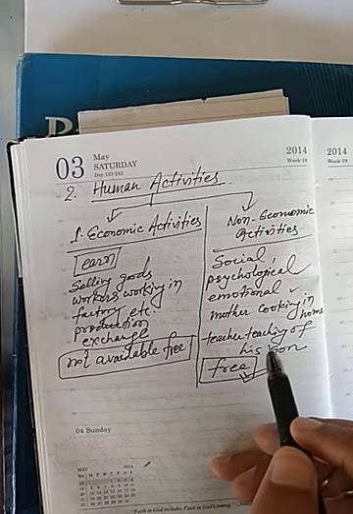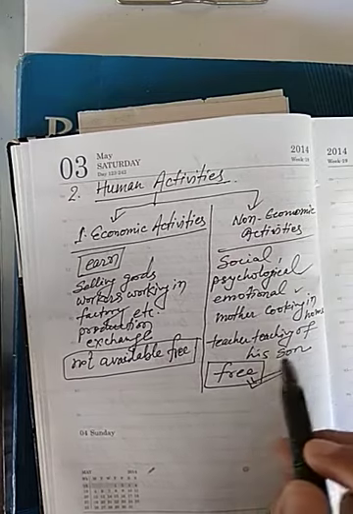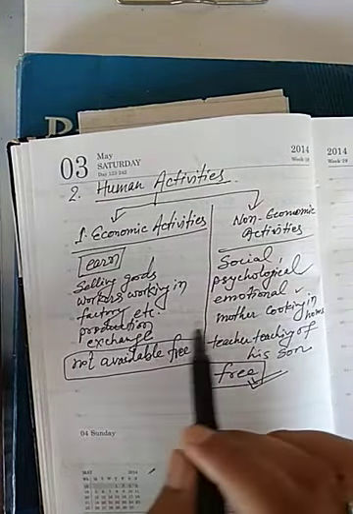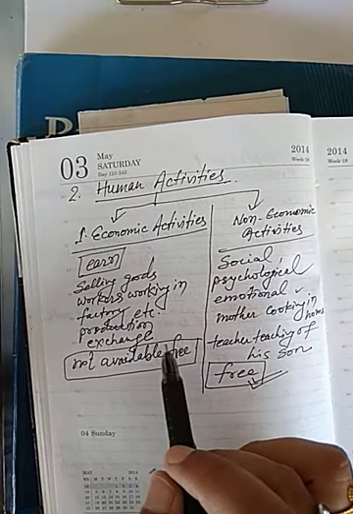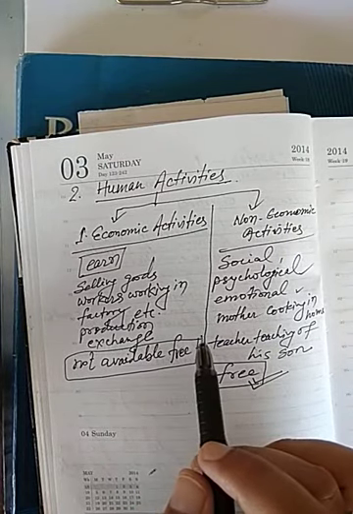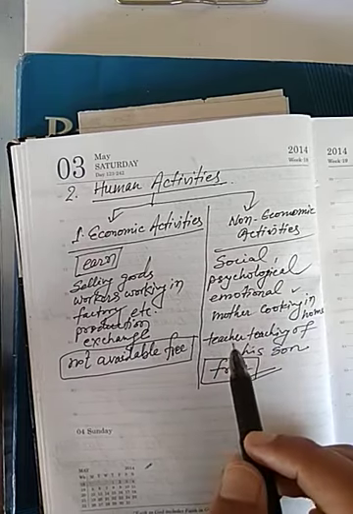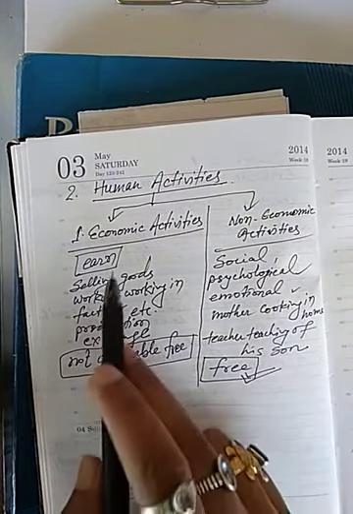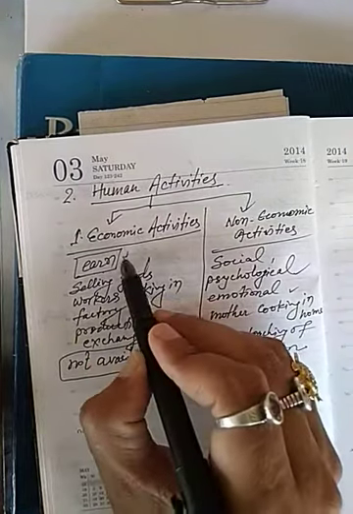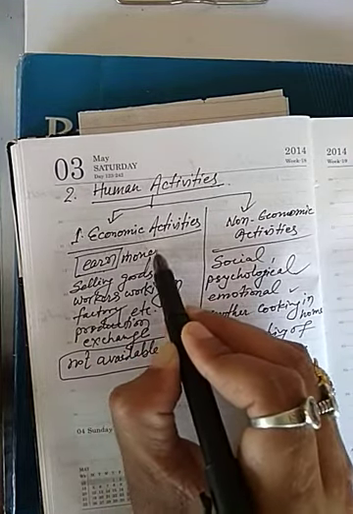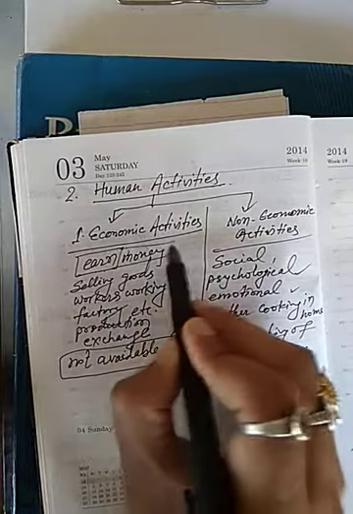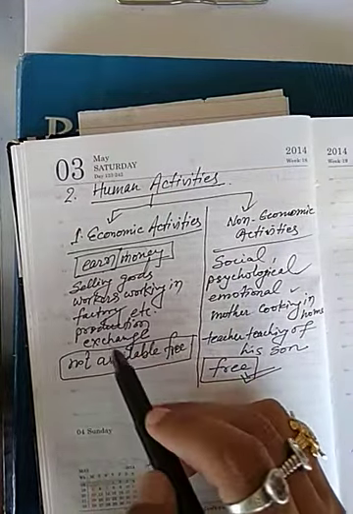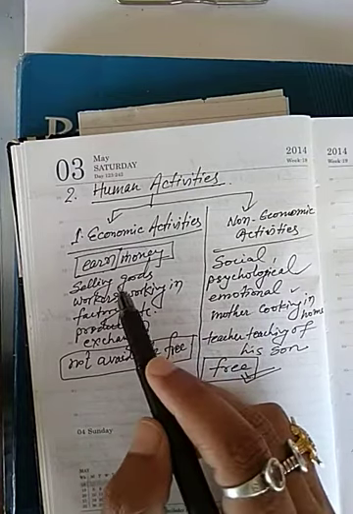Basis of classifying an activity as economic or non-economic: if the activity is performed with the aim of earning money, then it is an economic activity.